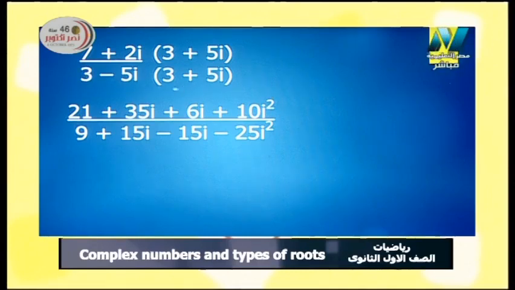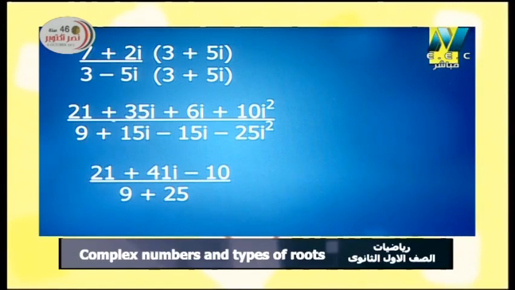The denominator, we will multiply 3 by 3 equals 9. 3 multiplied by 5i equals 15i. And negative 5i multiplied by 3 equals negative 15i. Negative 5i multiplied by 5i equals negative 25i squared.